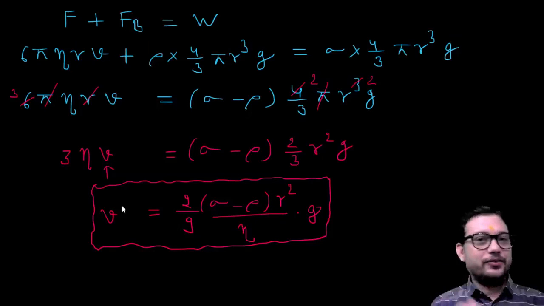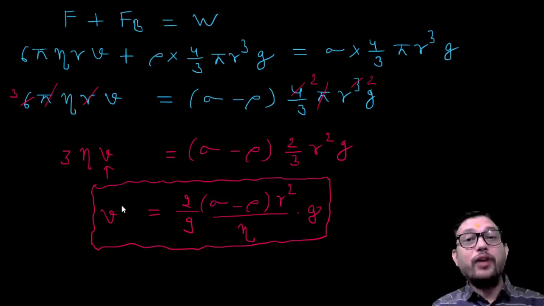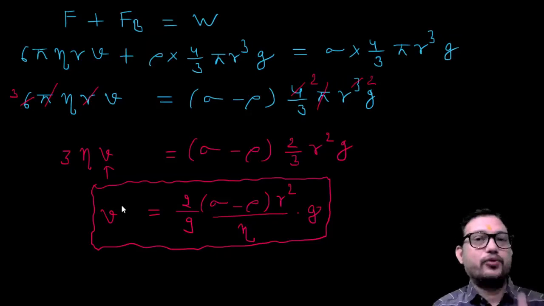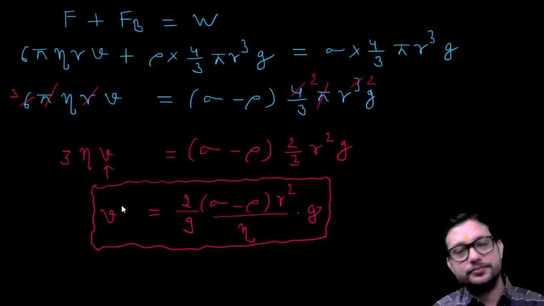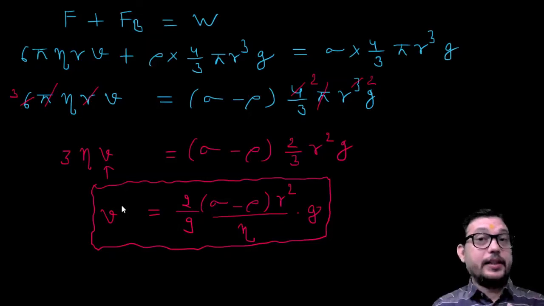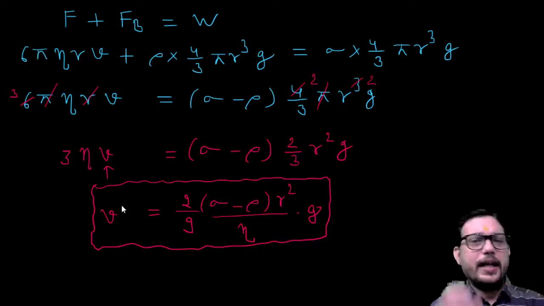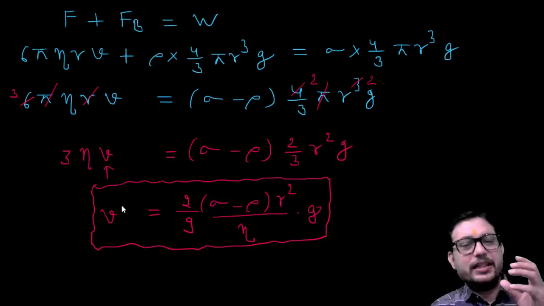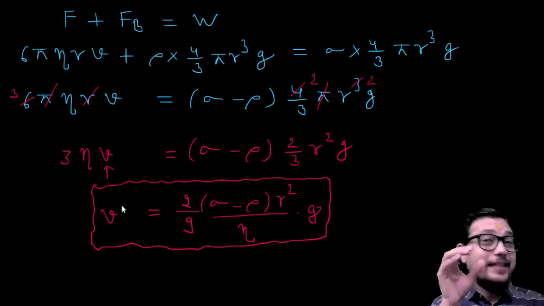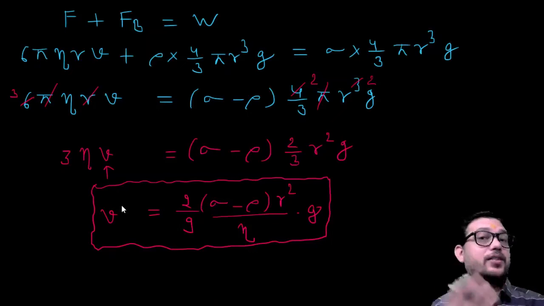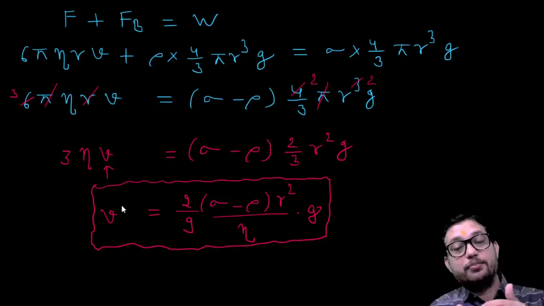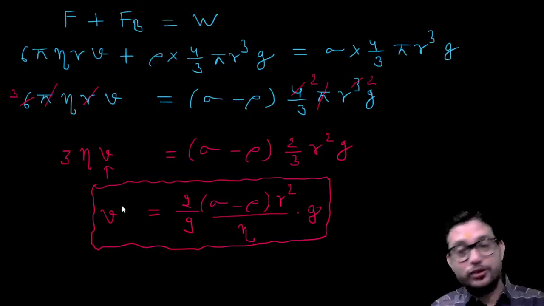Now, as I have told you so many times, you have to try to solve this derivation by yourself. Firstly, remember what things I have explained to you, what are the basic concepts behind this derivation, what is the condition of equilibrium, what is the sense of the terminal velocity. Terminal means last velocity. It means at that time we consider that the body must be in equilibrium, so all the forces must be equal.